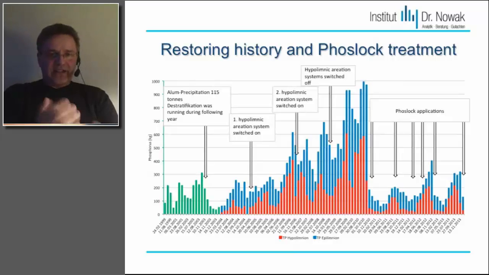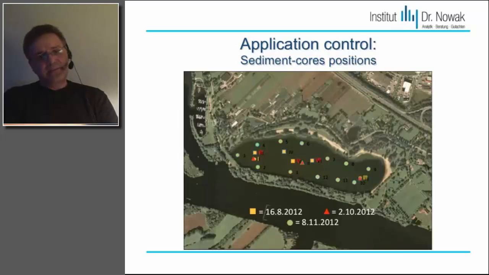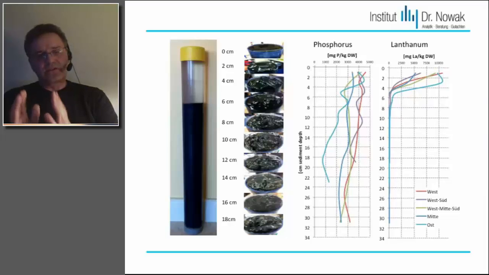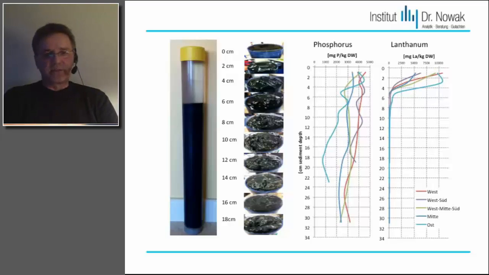To find out what the reasons are, we took cores from different sides of the lake, sliced each core into 2 centimeter layers, and measured phosphorus and lanthanum in each layer. We wanted to find out if the right dose of Phoslock had been added to bind all the phosphorus that is available or maybe releasable from the sediment and deeper parts of the sediment.